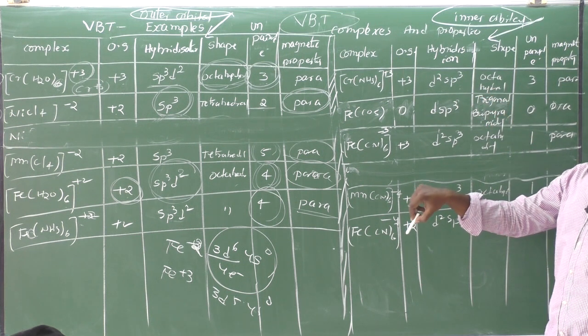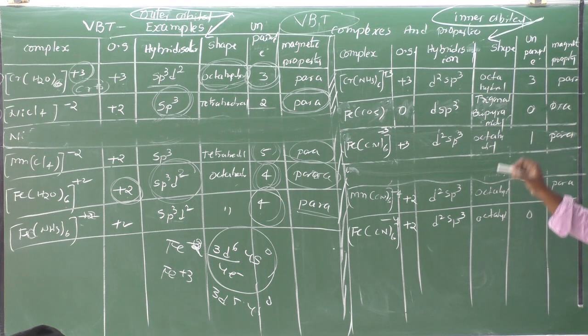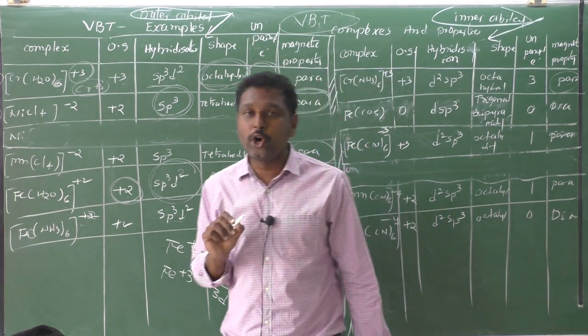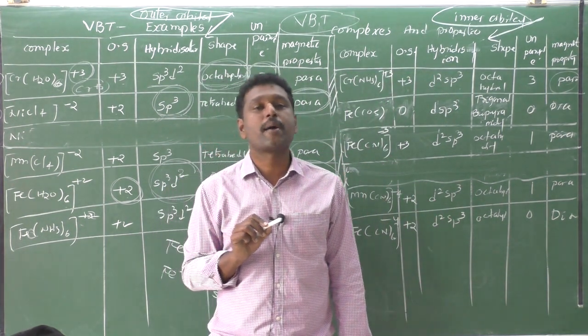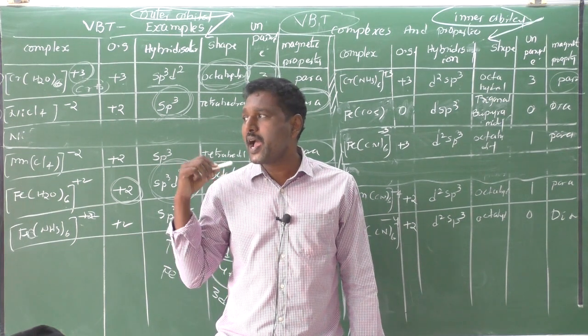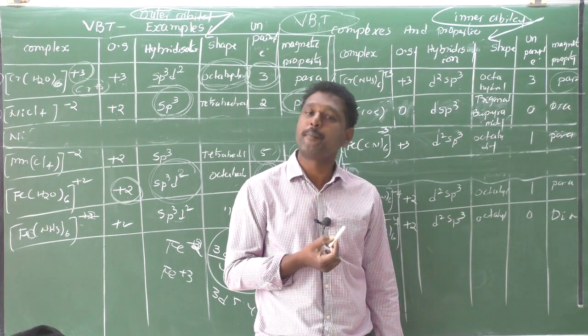If it has unpaired electrons, it exhibits paramagnetism. If it does not have any unpaired electrons, it exhibits diamagnetism. Here, unpaired electrons are possible in the case of this compound. Therefore, it exhibits paramagnetism. Paramagnetism is nothing but having unpaired electrons. Therefore, it is considered a high spin compound.